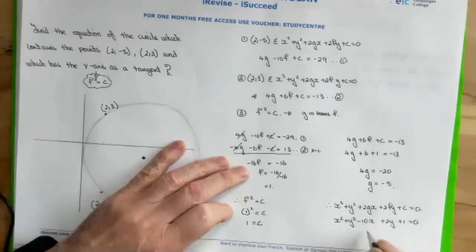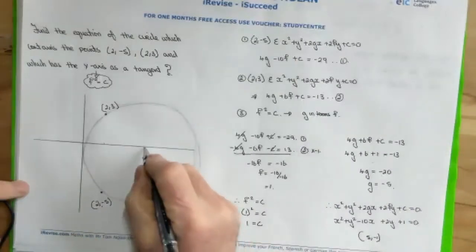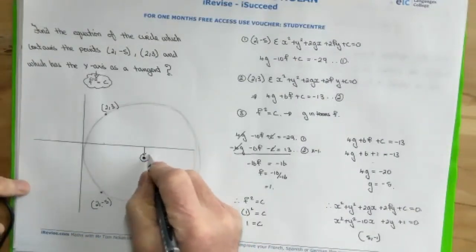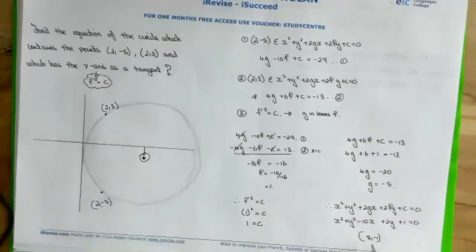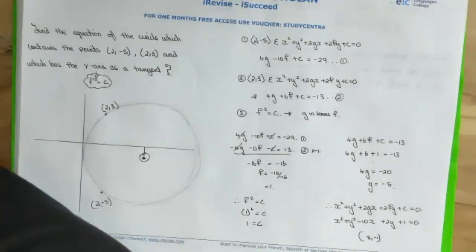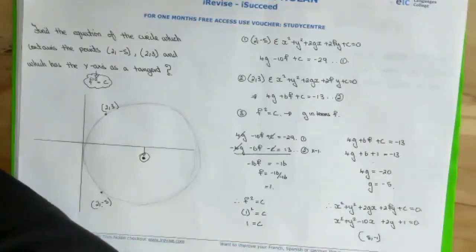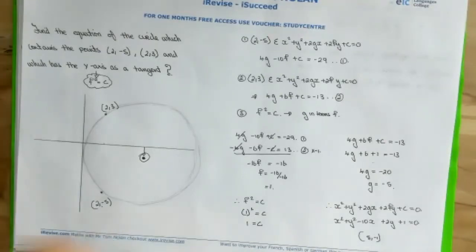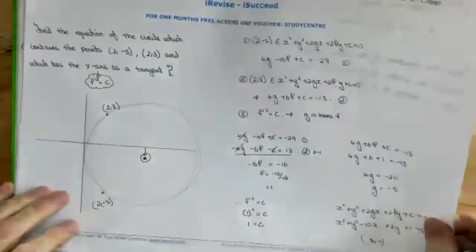The center of this circle is (5, -1), and I marked a point there. That's where I said the circle is in and about. And (5, -1) does match up with that, so it does. Okay, so there is the equation of that circle.